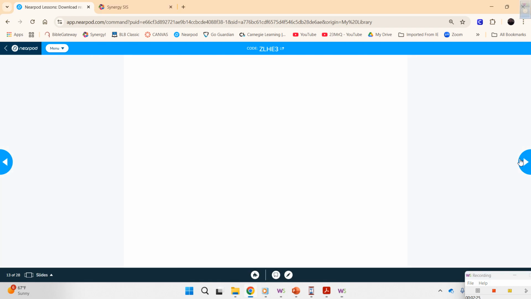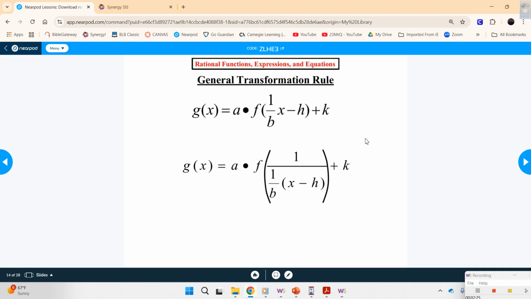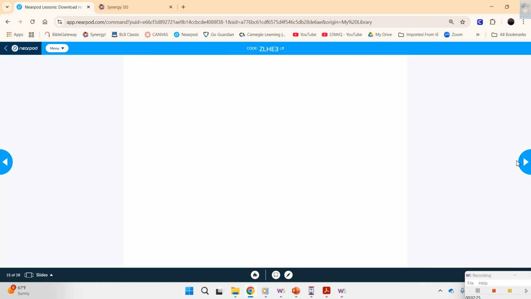We also wrote steps for graphing and steps for writing an equation from a graph. And from there we went from a general rule to our rational rule, and we see that the parameters are all the same. Then we talked about vertical, horizontal, and diagonal asymptotes.